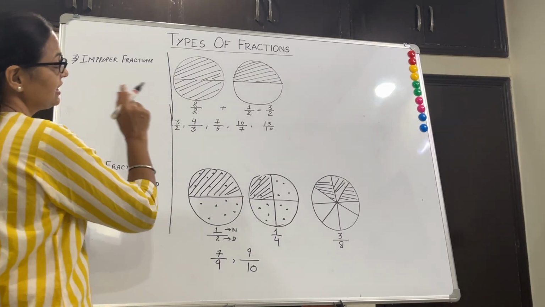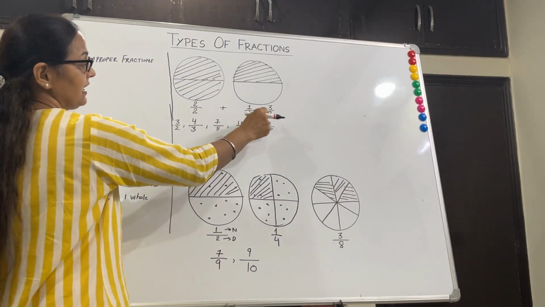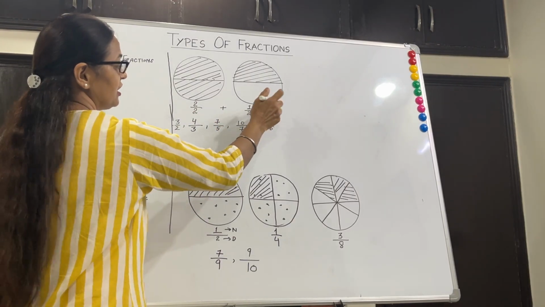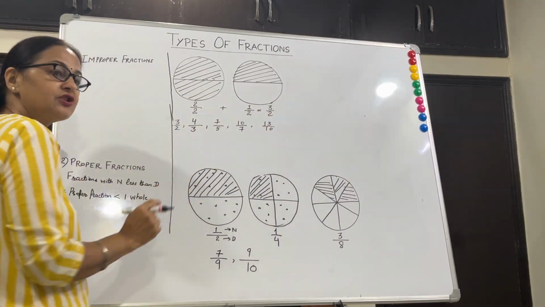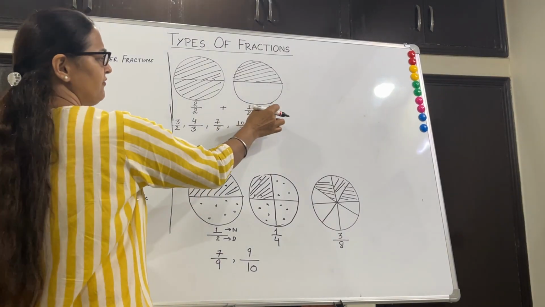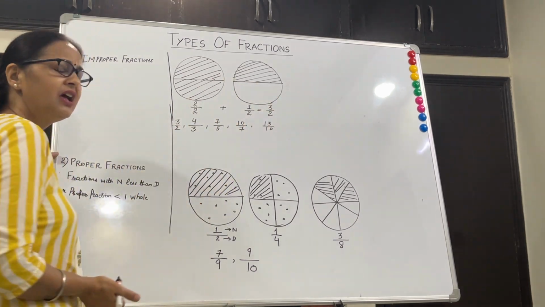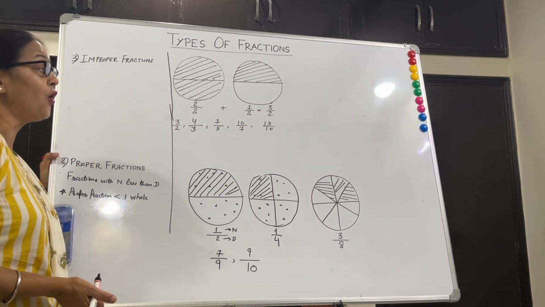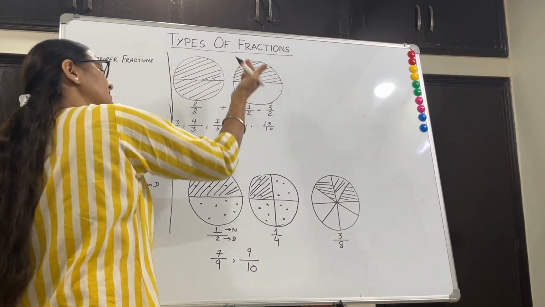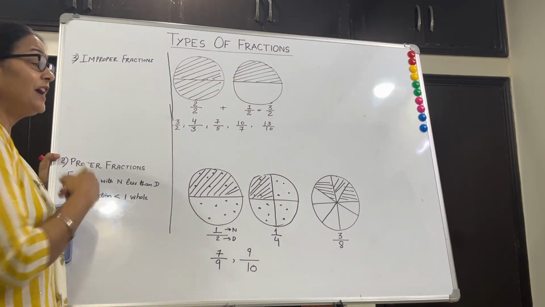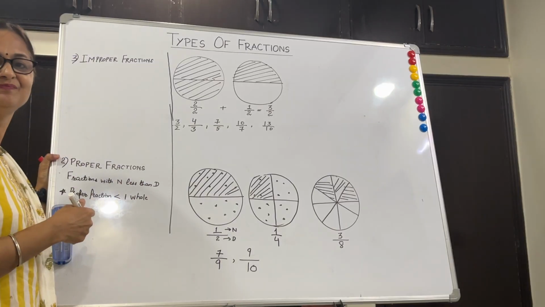And one more thing to observe here is, if you see this fraction 3/2, we have divided one thing into 2 equal parts because denominator shows the number of equal parts. So we have divided a whole into 2 equal parts. How can we have 3 parts? This is because you have eaten one whole thing, and after one whole thing you have eaten more. So it means improper fraction is always greater than one whole. Okay?